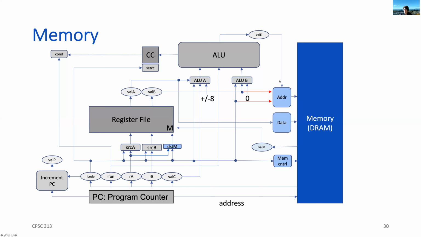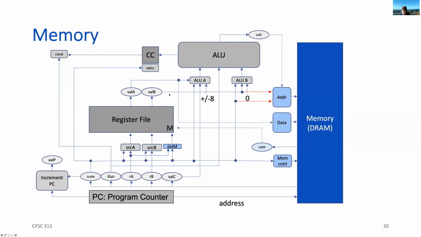So what that means is that for the push operation, we need to go through the ALU and actually decrement the stack pointer. And so we'll use the same address line that we used for the register memory operations. But for pop, we need the value from the stack pointer before it goes through the ALU. It still needs to go through the ALU because it's going to need to be incremented by 8.